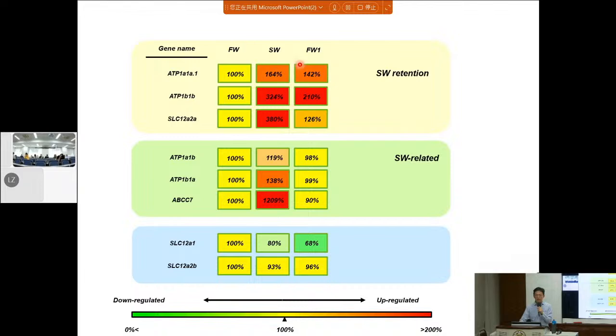We found several genes like these two that sustain their higher expression even when the fish is transferred back, and we think this retention can increase the survival rate when the fish is transferred to the seawater again.